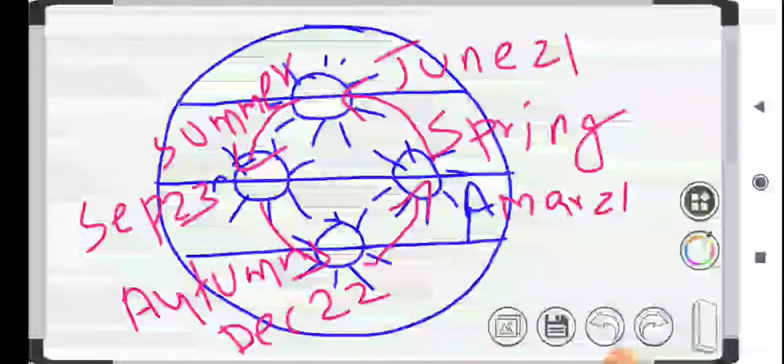Then in the next 3 months, the sun shifts from Tropic of Capricorn to equator, from December 22 to March 21, and the seasonal change is autumn to winter. Here it is winter, and it is the circular or cyclical movement of the seasonal change.